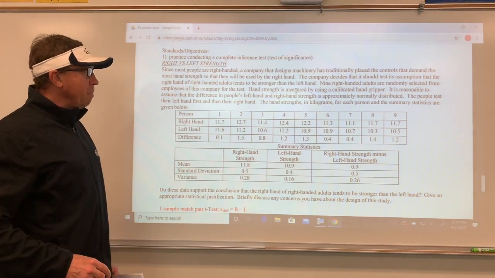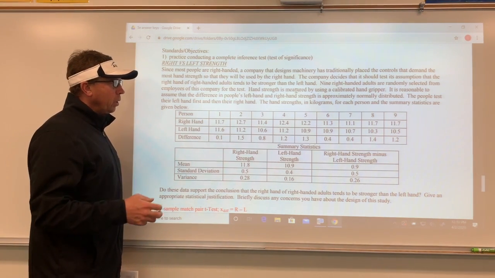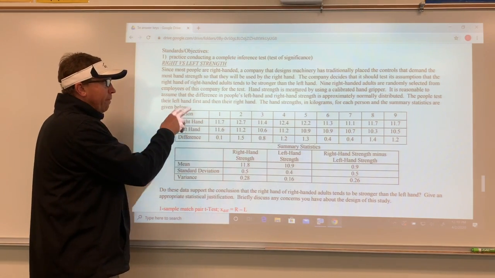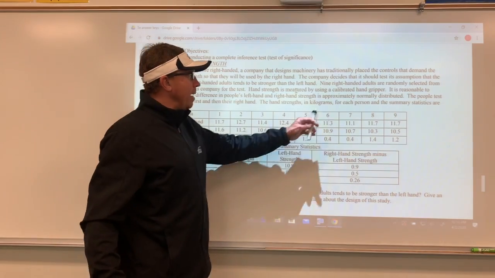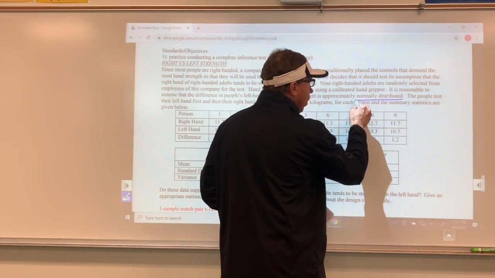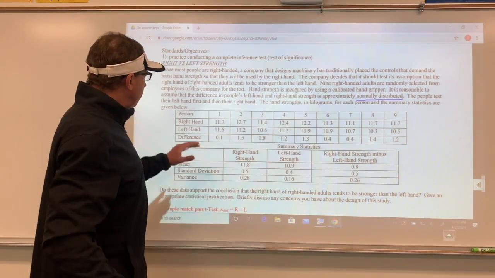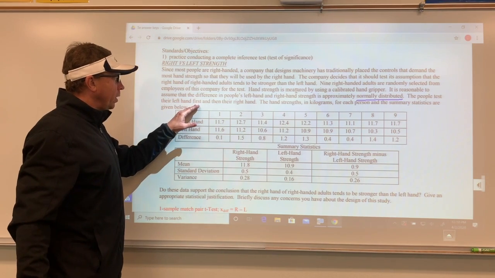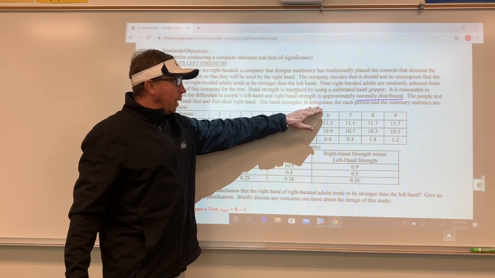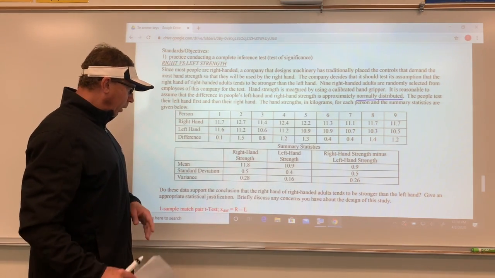Hand strength is measured by using a calibrated hand gripper. It is reasonable to assume that the differences in people's right and left hand is normal. So they're telling us it's normal. That gets us off the hook in the requirements. The people test their left hand first and then their right hand.